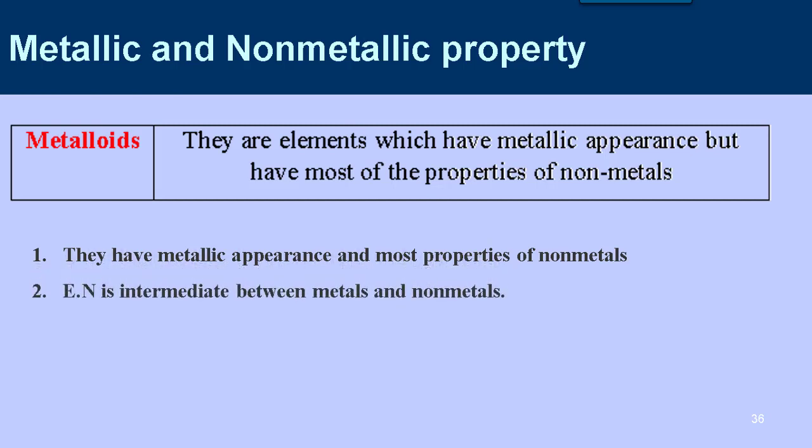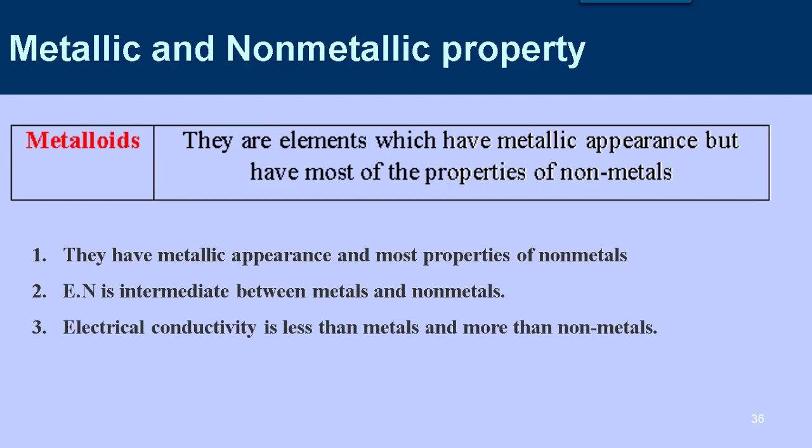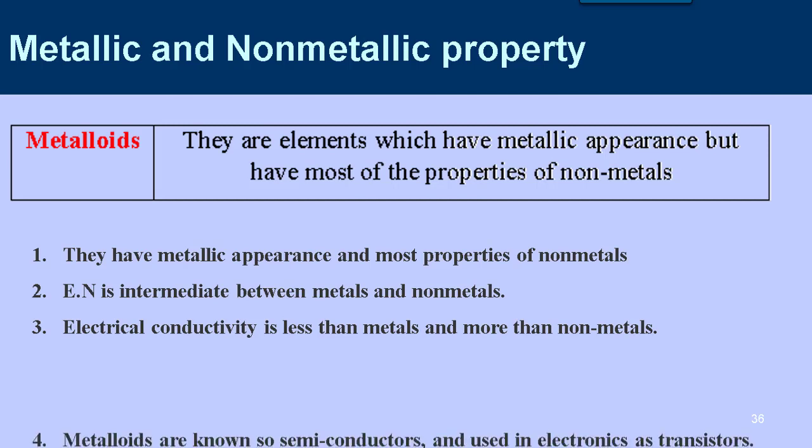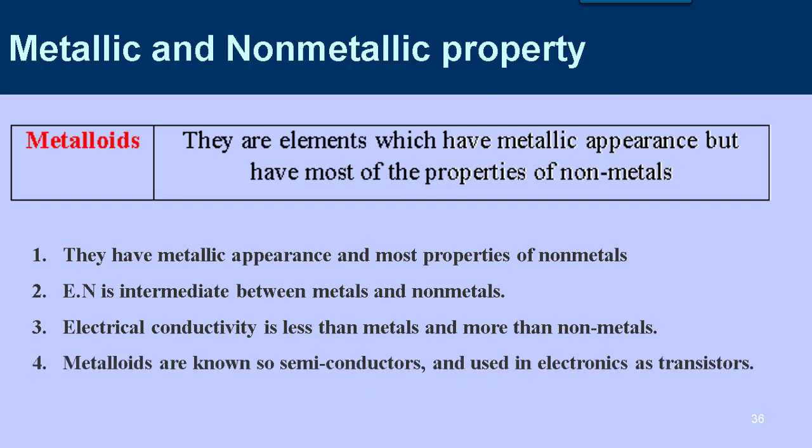Number 2, electronegativity of metalloids is intermediate between metals and non-metals. Number 3, electrical conductivity is less than metals but more than non-metals. Metalloids are known as semiconductors, so they are used in electronic devices such as transistors.